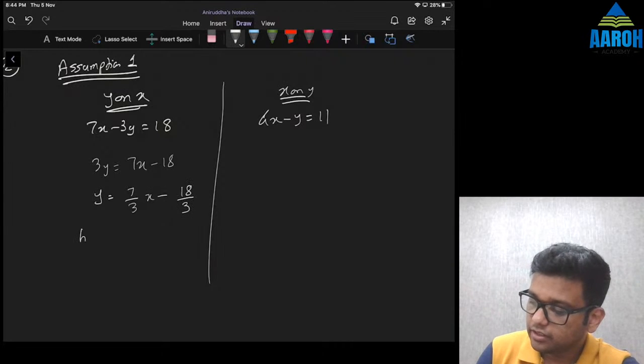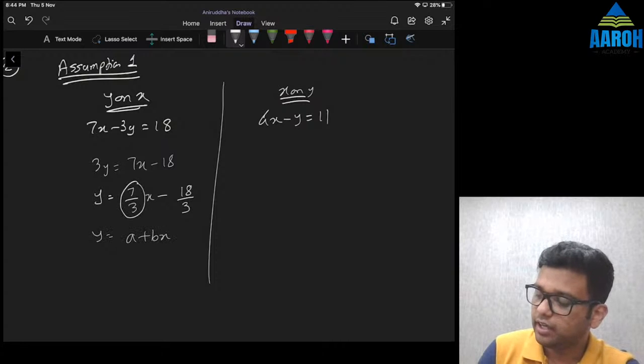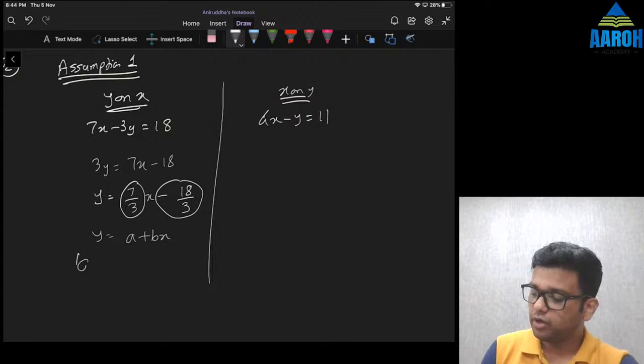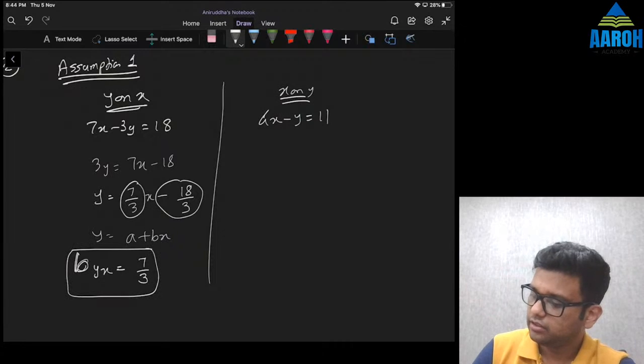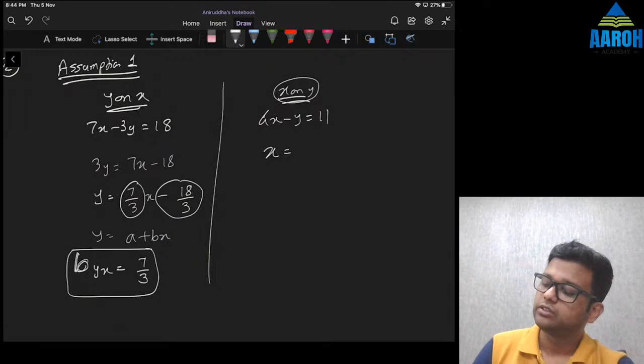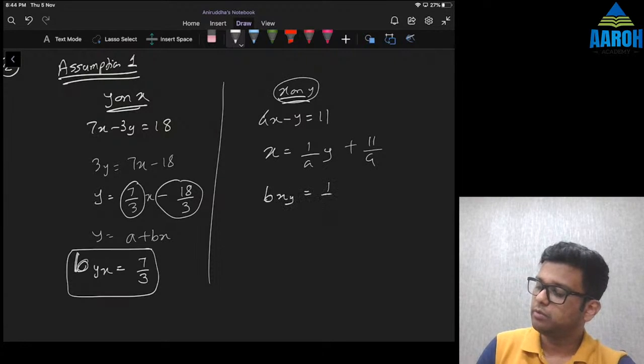We know that y is equal to a plus bx, so this is b and this is a. So we have got byx as 7 by 3. And with the second assumption, this is x on y, so let's rearrange it as x is equal to something. So x is equal to 1 by 4 y plus 11 by 4. That means we are getting bxy as 1 by 4.